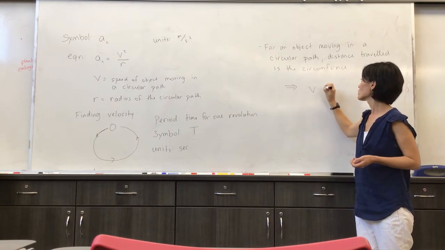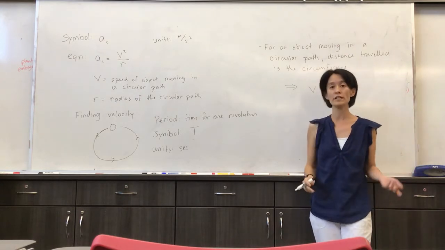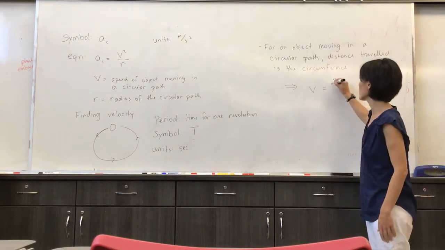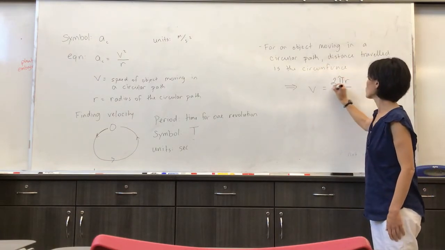Therefore, the velocity of something moving in a circular path is just going to be our equation for circumference, which is 2 pi r over the period.